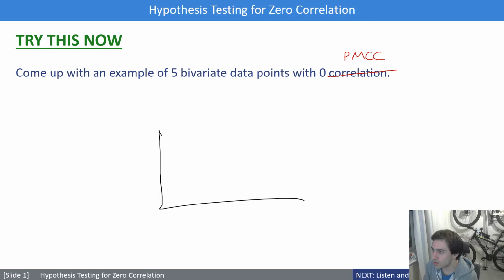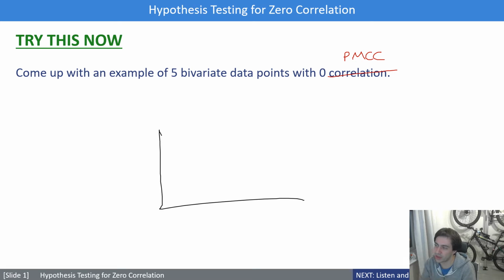With 3 points, that would be a correlation, or a PMCC, of 1, whereas something like this would not be as good, so it'd be less than 1, it'd be closer to 0 perhaps. My question now is, can you come up with 5 specific points, so use coordinates, 5 specific coordinates which you think would have 0 correlation.